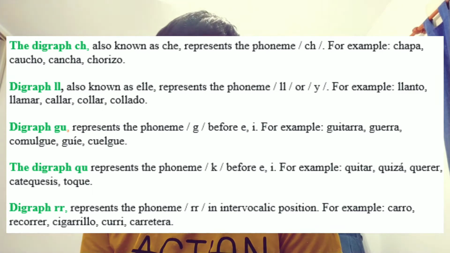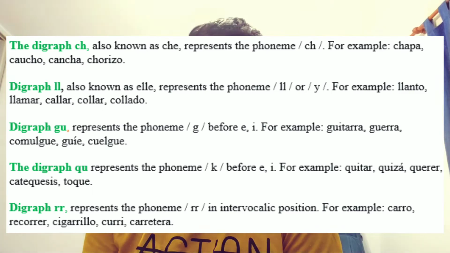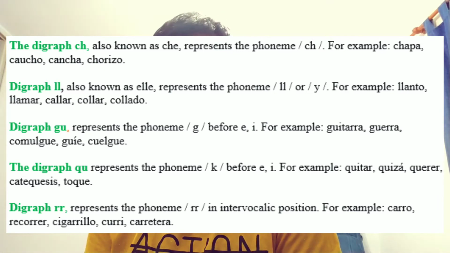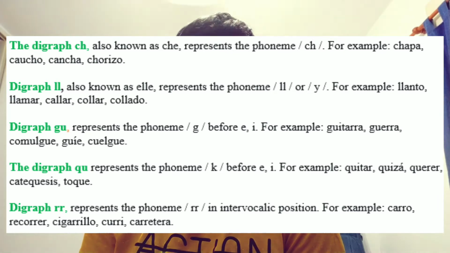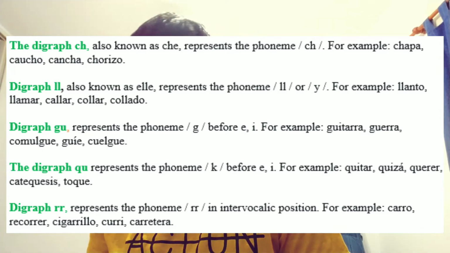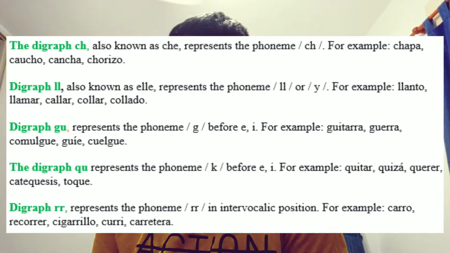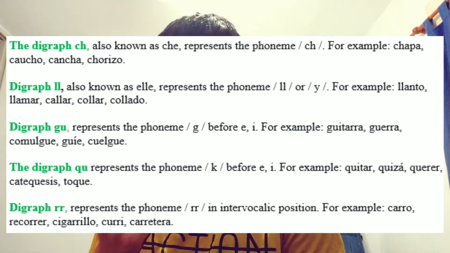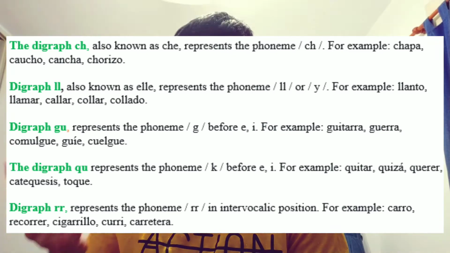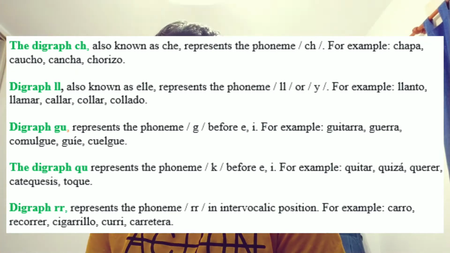What more? We have the digraph gu, which represents the phoneme g before the e and i in Spanish. You can use it, for example, in guitarra, guerra, comulgue, or cuelgue. What more?